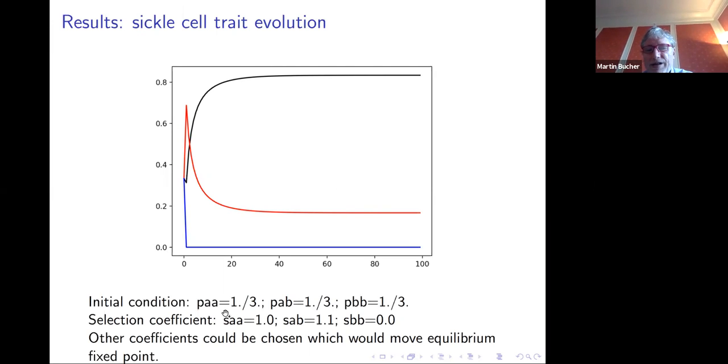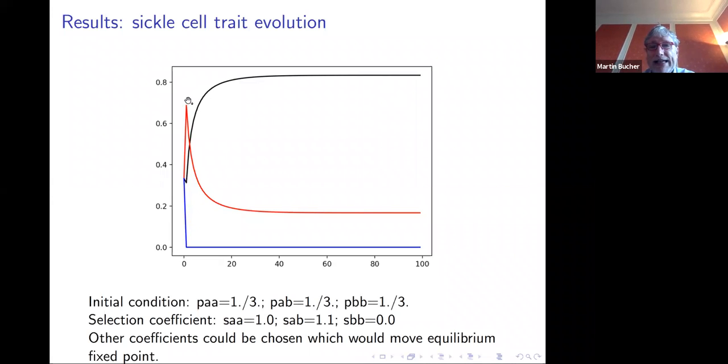So the starting condition is completely arbitrary, but here I give the heterozygous combination an advantage, and then for the sickle cell trait, for example, I will assume that it's deadly, or that people who have two sickle cell genes don't reproduce.